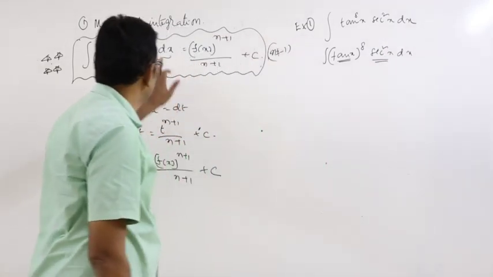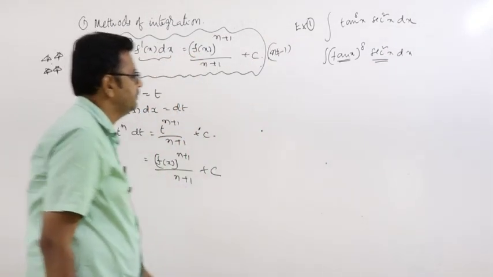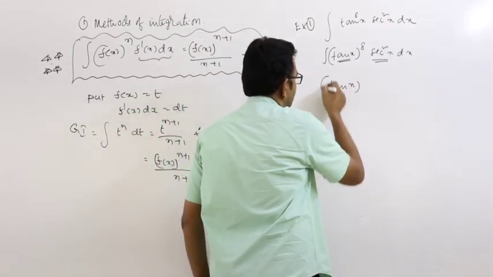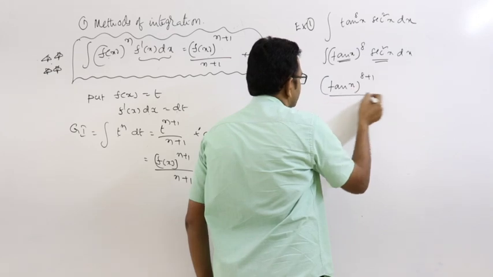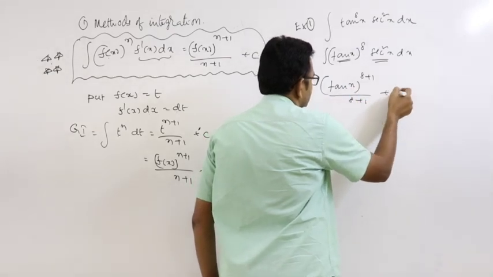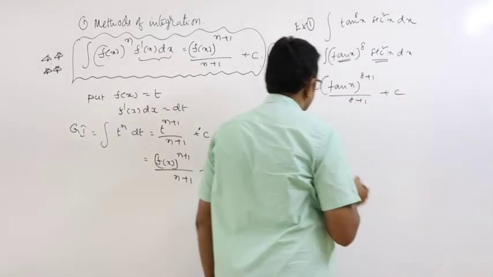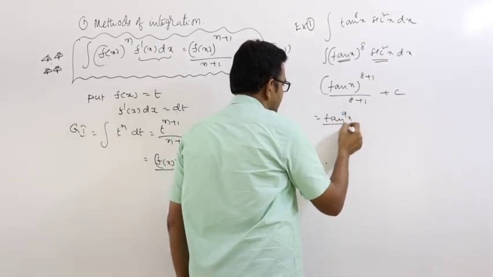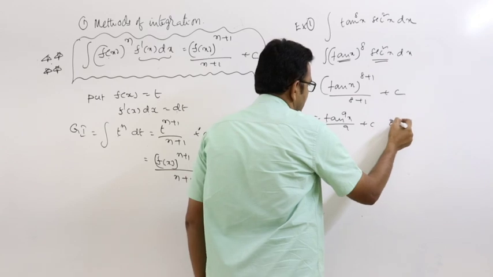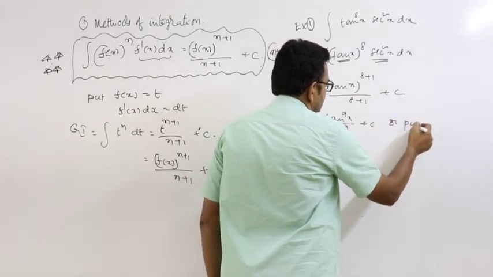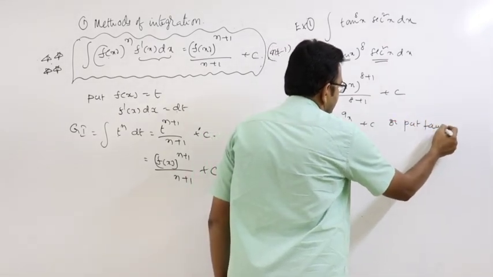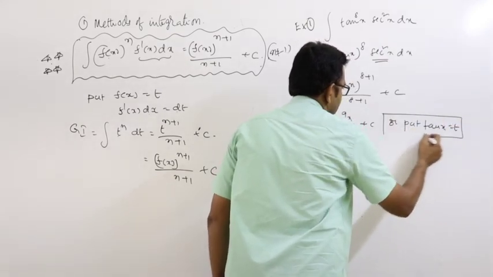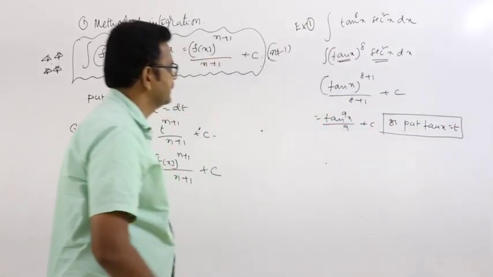Now applying the formula, f of x whole power 8 plus 1 by 8 plus 1 plus c, that is tan power 9x by 9 plus c. Or put tan x equal to t. This is the regular substitution method.